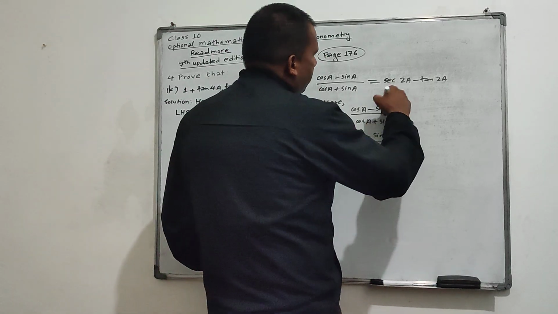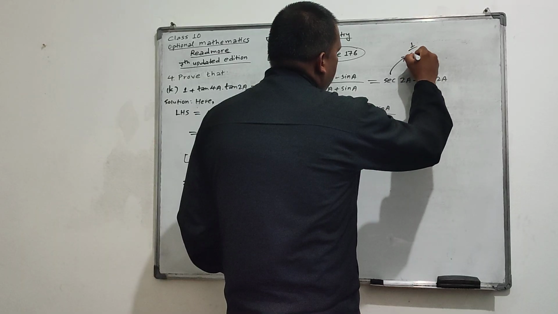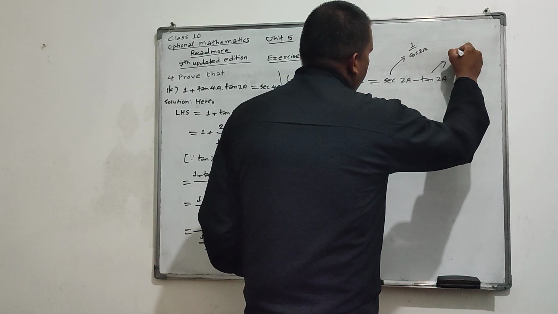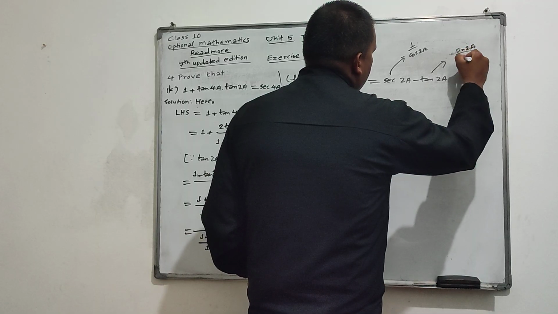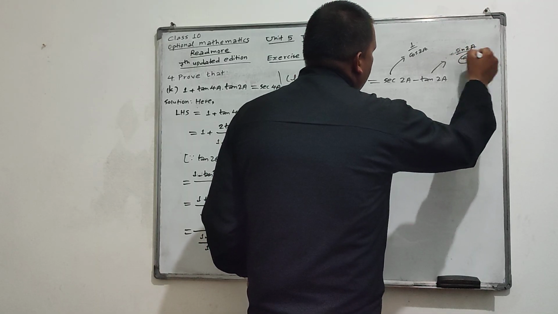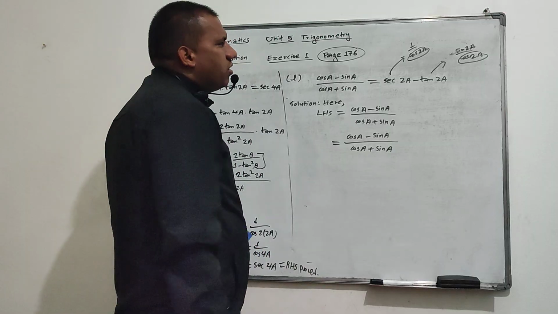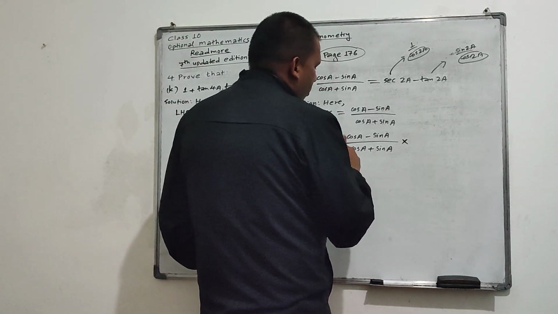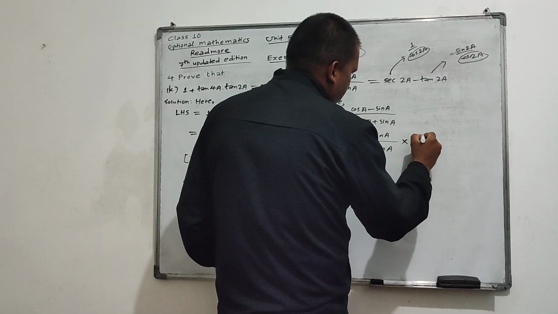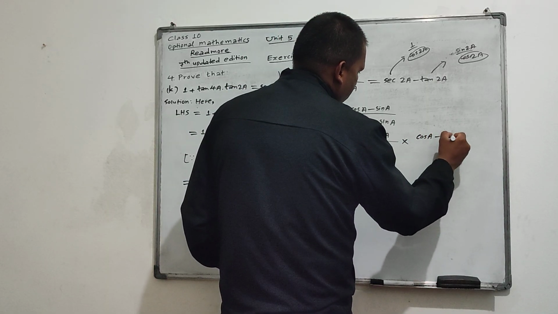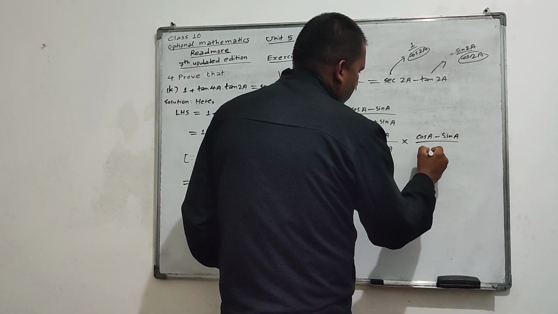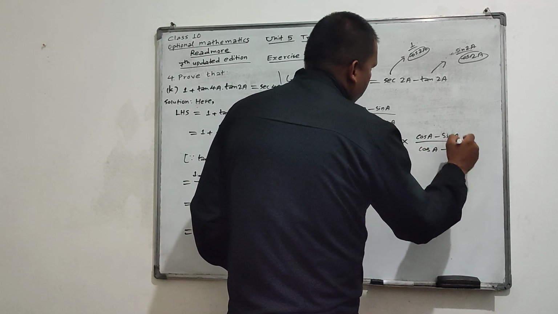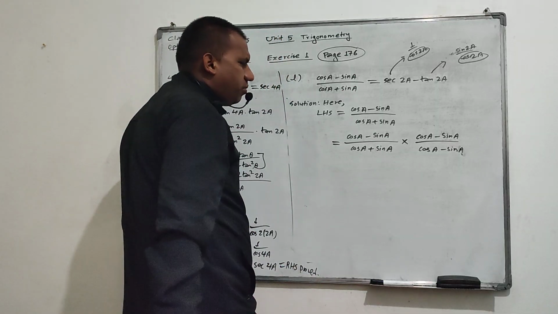On the right side, sec 2A, that is 1 by cos 2A, tan 2A, that is sin 2A by cos 2A. On both, the denominator is cos 2A. To get cos 2A, we need cos square A minus sin square A. So multiply the numerator and denominator by cos A minus sin A upon cos A minus sin A to get cos 2A in the denominator.